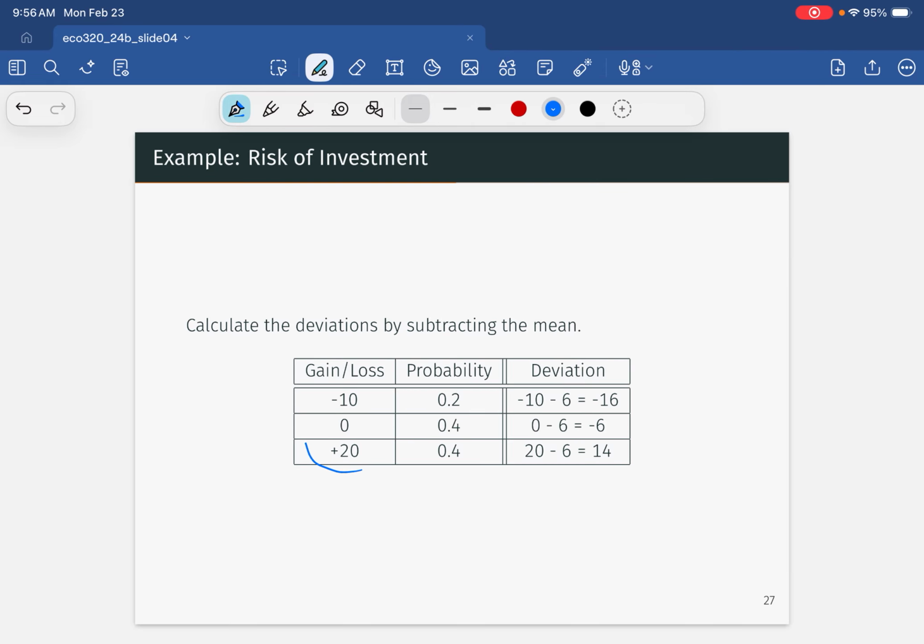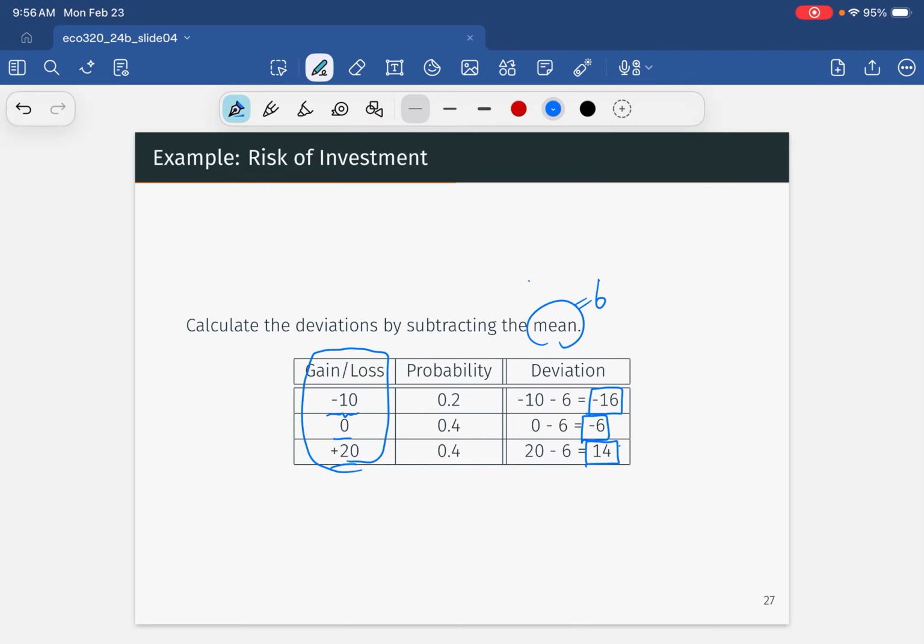Then the next step is to calculate the deviations. Simple. We have outcomes here and the mean was 6. So if you have minus 10, that is 16 below the mean, right? If you get 0, that is 6 below the mean, and plus 20 is 14 above the mean. So these are deviations, simply subtracting the mean from the outcomes.